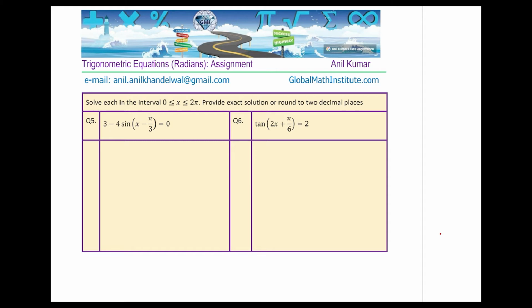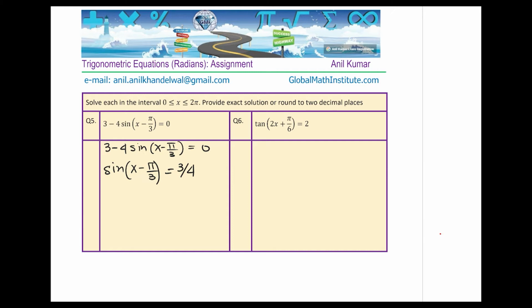So we have 3 minus 4 sine of (x minus pi by 3) equals 0. We can reorganize, so we get sine of (x minus pi by 3) equals 3 divided by 4, correct? So that becomes our equation which needs to be solved.